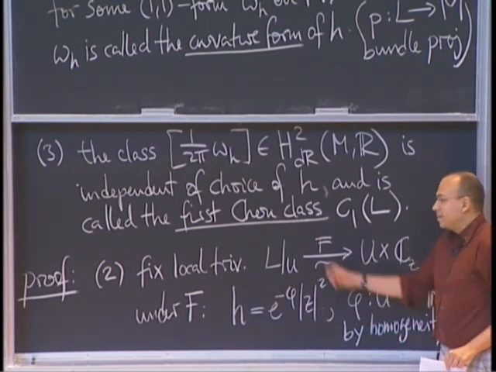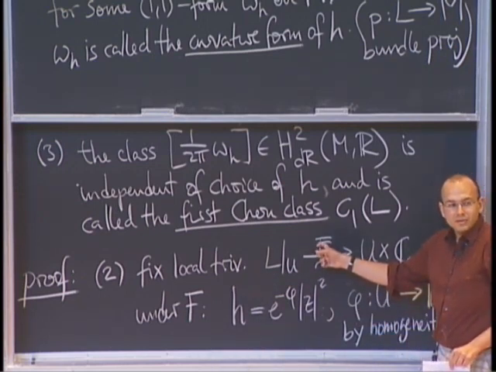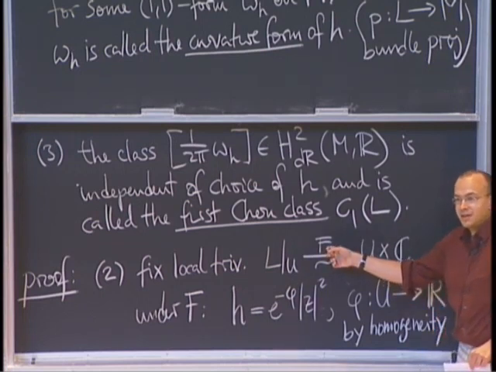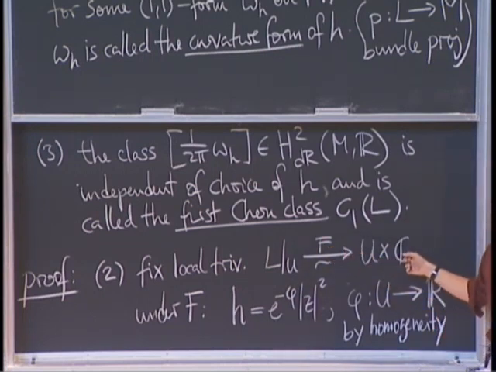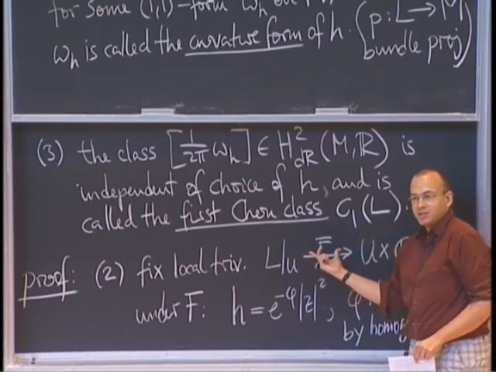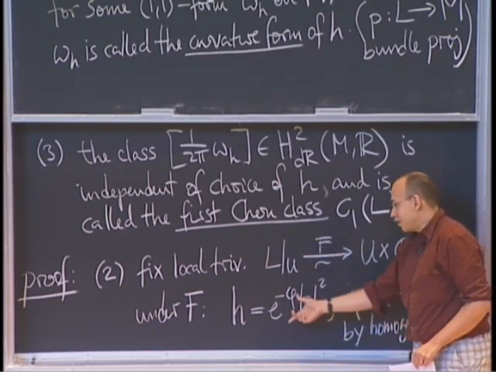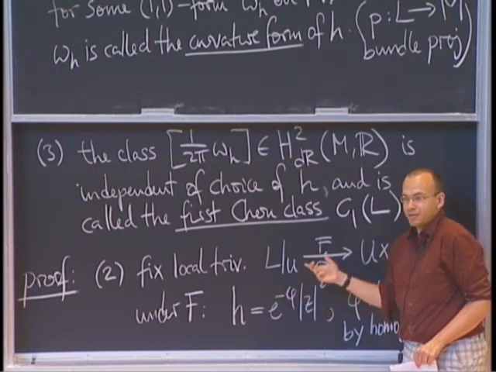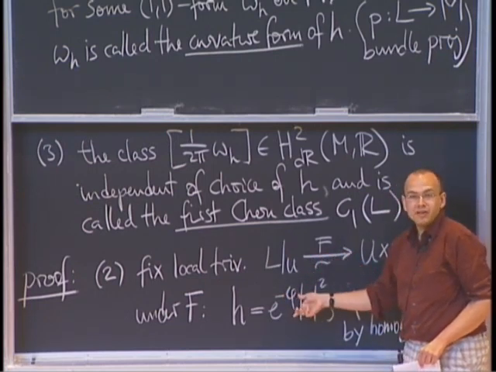Notice that phi depends on F. There are different possible choices of trivialization. What this fiber coordinate z means relative to the original line bundle depends on the choice of trivialization F. So if I don't like the phi that I got with one particular trivialization, I can change the trivialization to get a better phi.